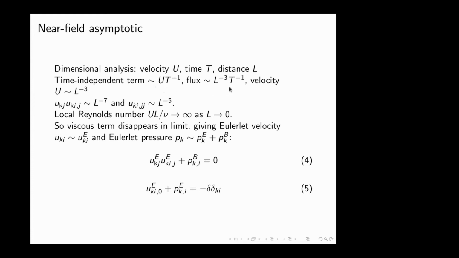And then on the right-hand side, the 4 components of the Dirac delta function, 3 space and 1 time, give that as a dimension.